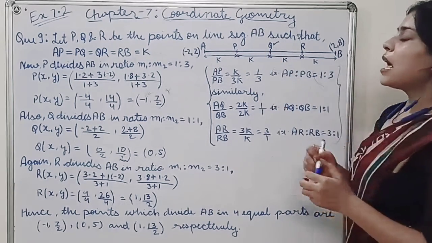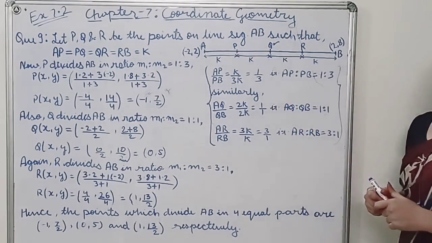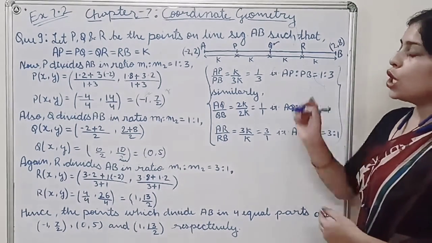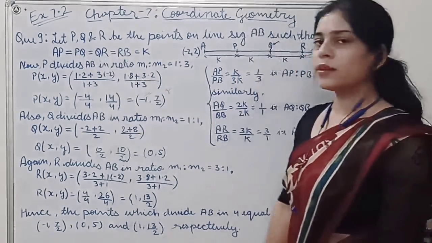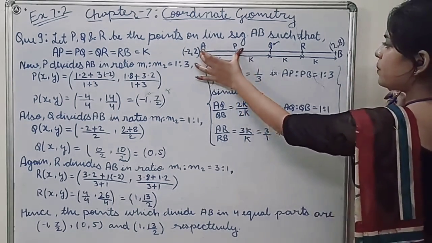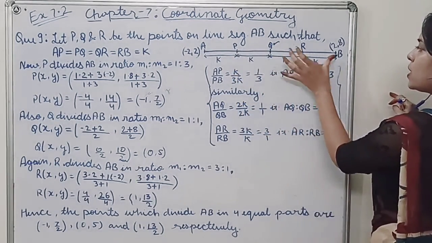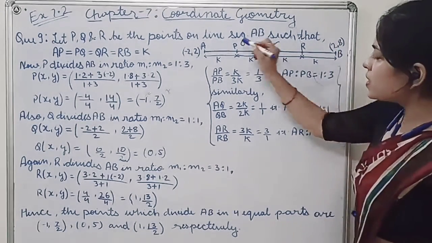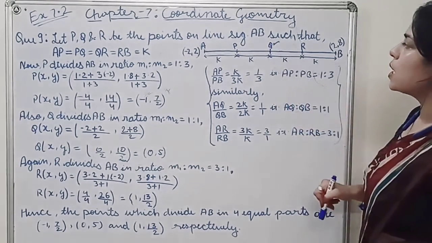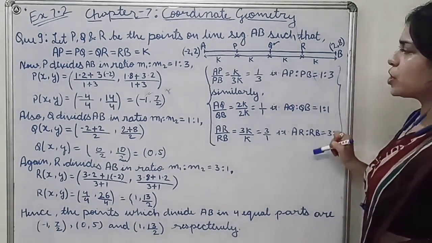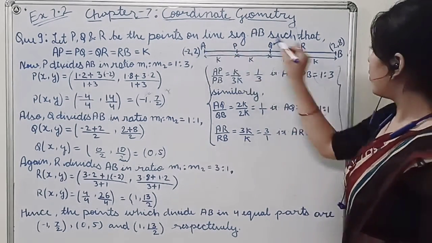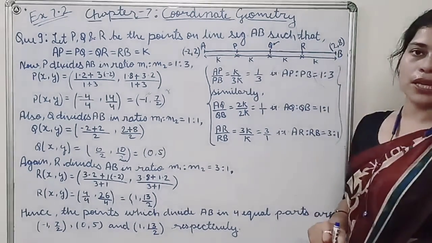The line segment is AB, and we were told that line segment AB is divided in 4 equal parts by some 3 points, so we assumed those 3 points P, Q, R. PQR is dividing AB in equal parts, meaning AP equals PQ equals QR equals RB, and using this equality only we find the ratio of division of the 3 points. Then using this ratio of division we find their coordinates using the section formula, as the coordinates of endpoints A and B are given.